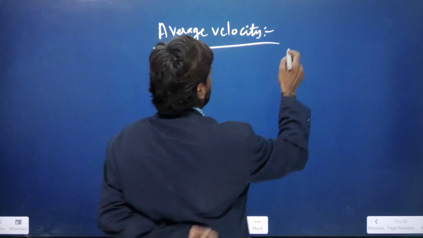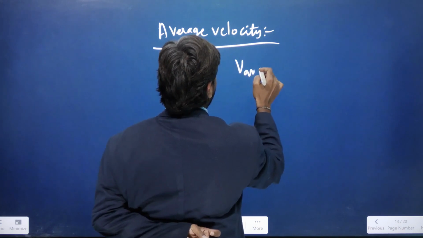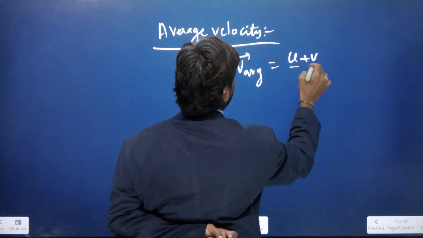It is the average of the initial and final velocity. Then we can write V average bar is equal to u plus v by 2.